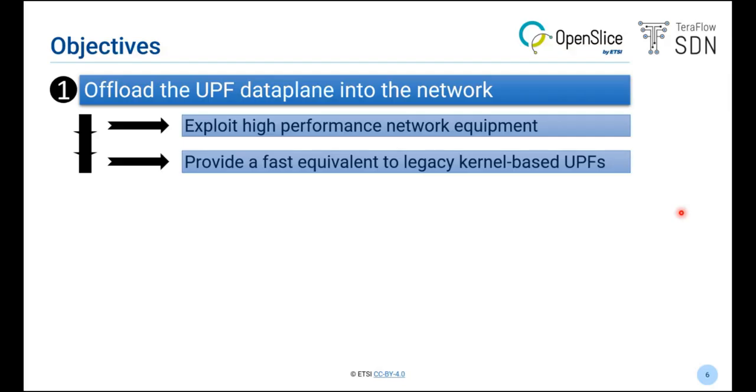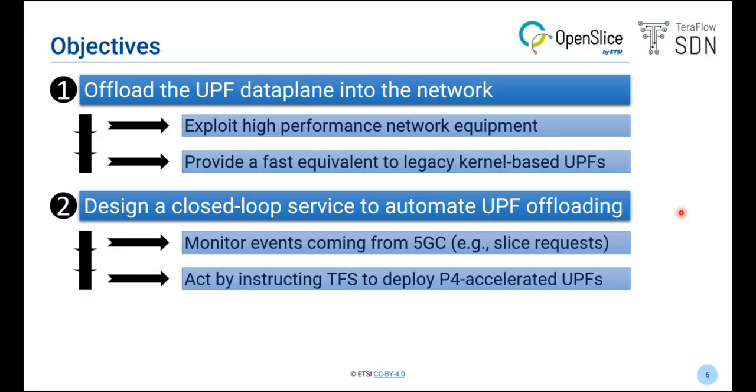And let's delve into the objectives of the work. Well, we chose to offload the UPF data plane not in any kind of hardware, but rather into the network to exploit high performance and provide a fast equivalent solution to the typical kernel-based UPFs that we have nowadays. The second thing we try to achieve in this work is that we try to provide this functionality via a closed-loop service.